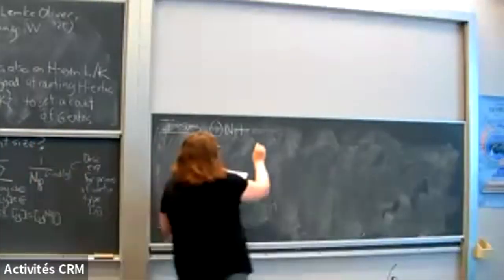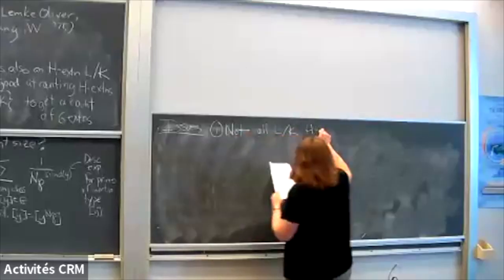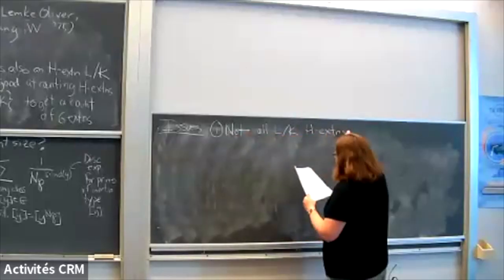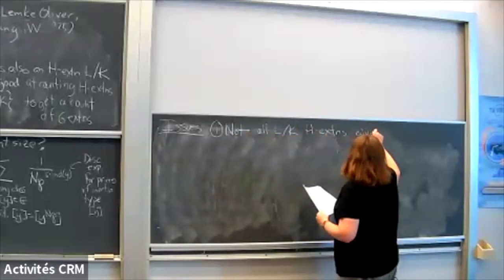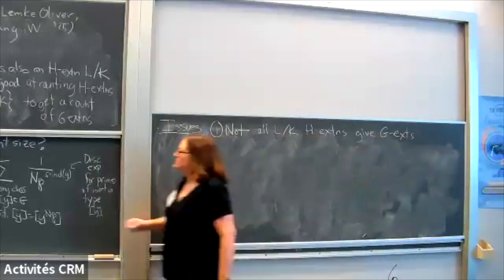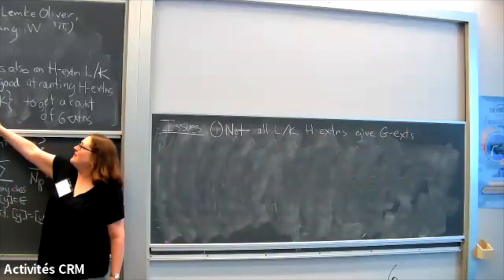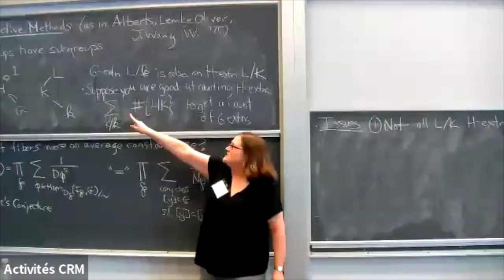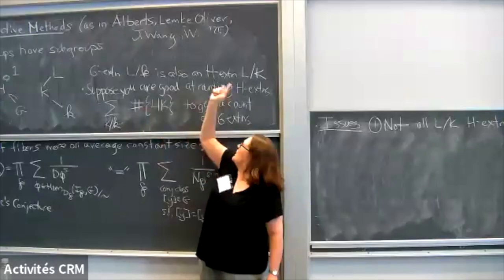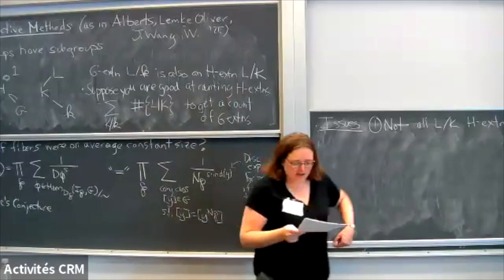So not all L over K H extensions give G extensions. I mean, that was kind of ambiguous in what I wrote here, but basically, for the L over K's that could appear in such a diagram, it's not just that you have to be somehow good at counting H extensions, but you have to know which ones to include.